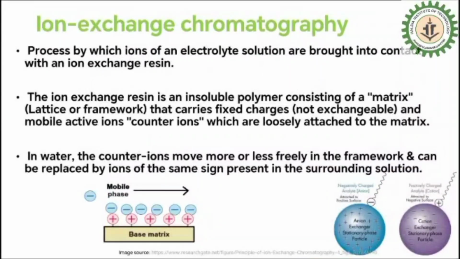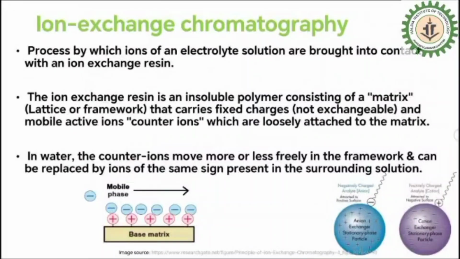And finally, when we add an eluent which also contains negative ions and has greater affinity for binding with the positively charged ions present as fixed charges in the stationary phase, they will come out. Therefore, first we will get all the counter ions, which are negative ions, out of the column. Then all the positively charged solutes will come out of the column. And finally, when we add an eluent which contains negatively charged ions, they will help us to get the negatively charged solutes out of the column.